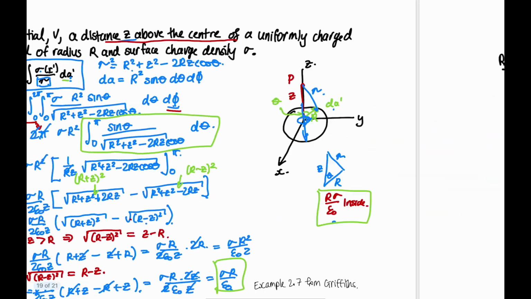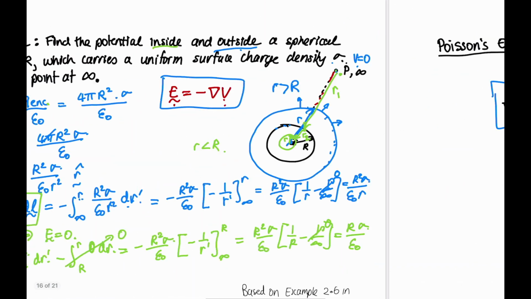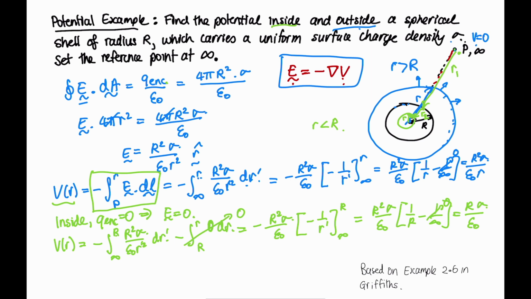So just to give you an example, where we saw this before was in this problem here, where we had to calculate the potential, and we worked out the electric field, but the electric field wasn't a continuous function between the inside of the spherical shell and the outside. Inside the sphere, we had zero electric field. So that's where this part of our integral came from. That was the electric field inside.